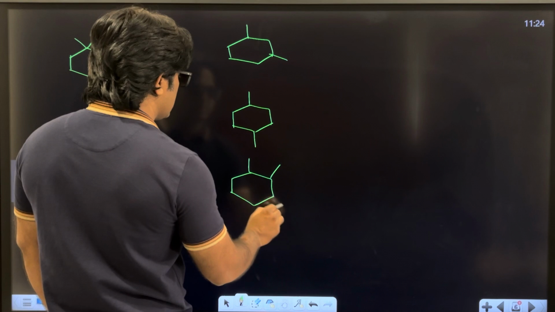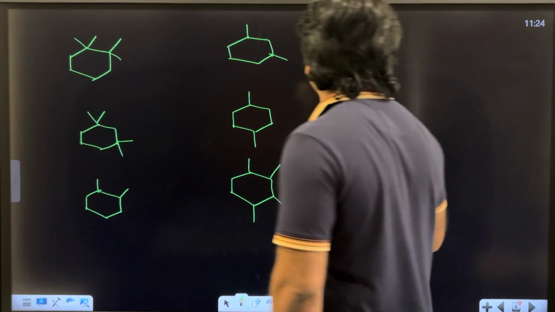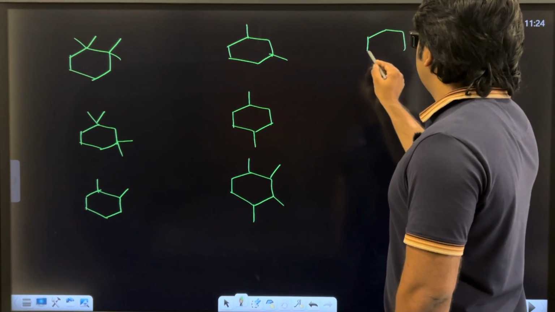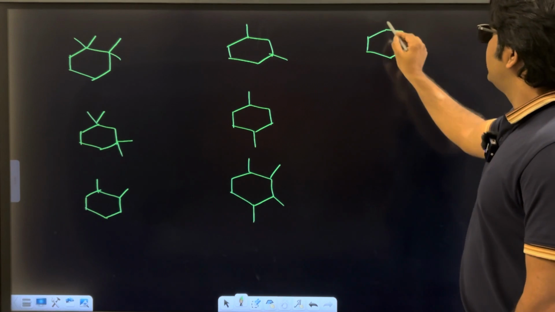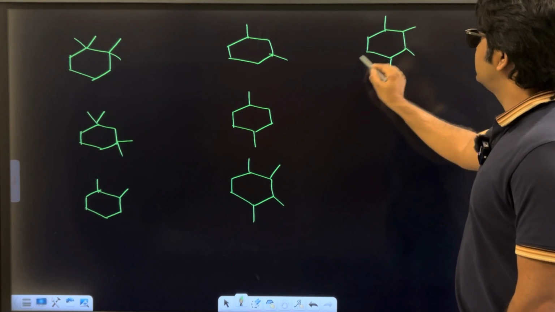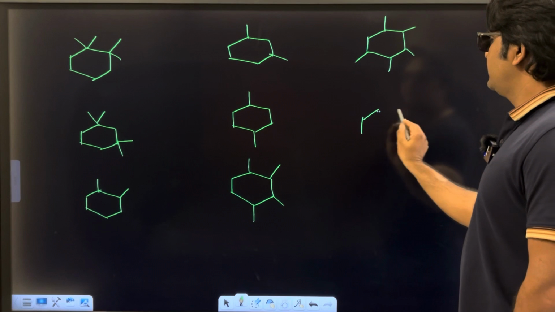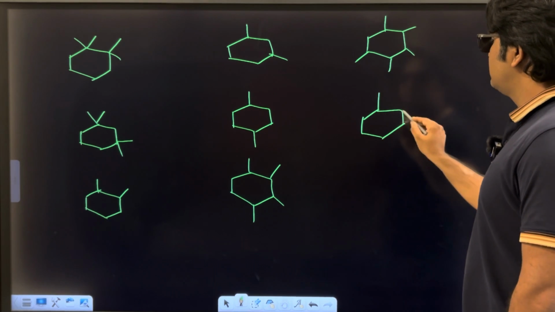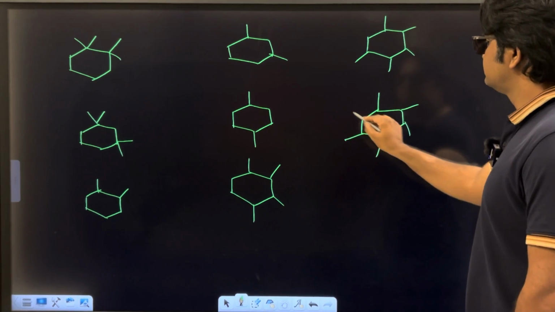For example, a molecule is given like this. Okay. So here we are not going to calculate the number of geometrical isomers. That is a different topic. Here we are just trying to observe which kind of molecule can show geometrical isomerism.